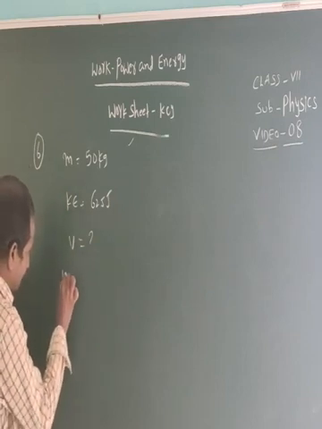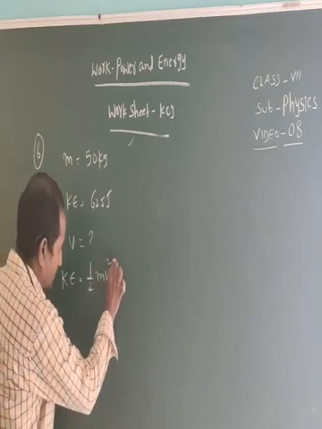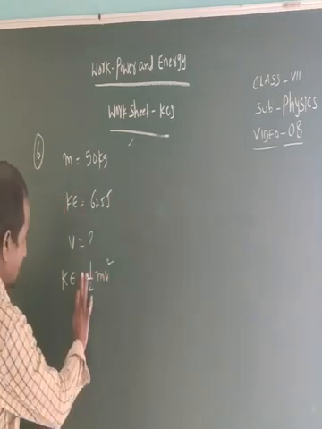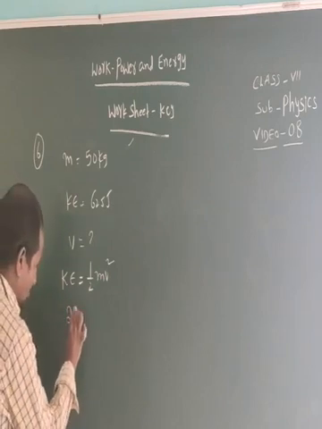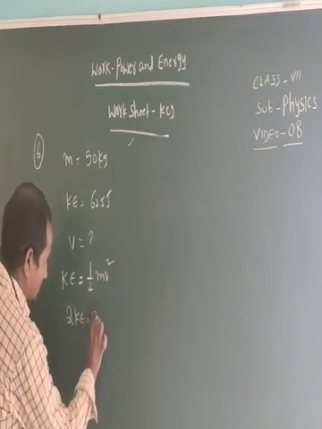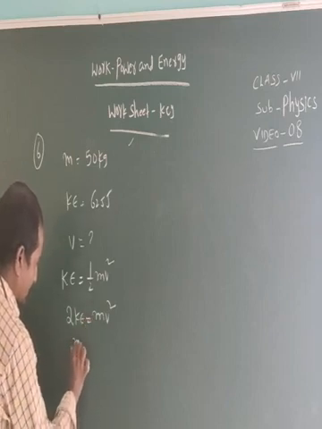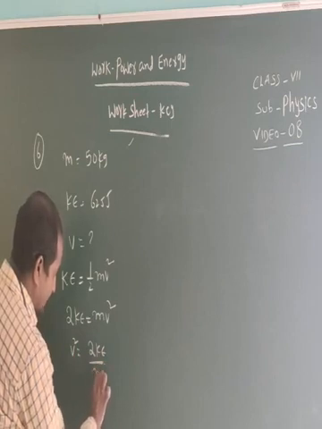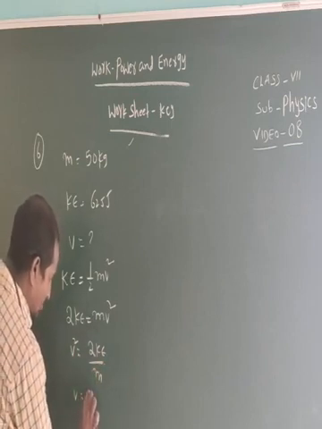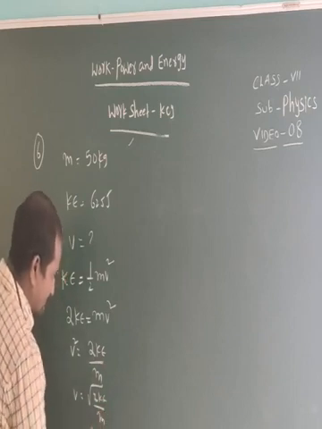So here K equal to half into m into v square. So 2K equal to m into v square. So v square is equal to 2K by m. Therefore v equal to root of 2K by m.